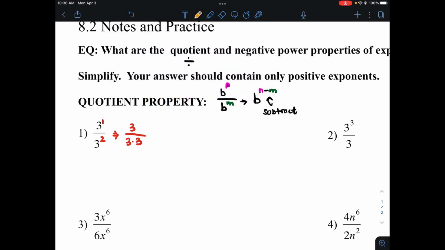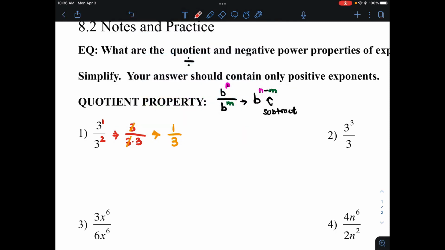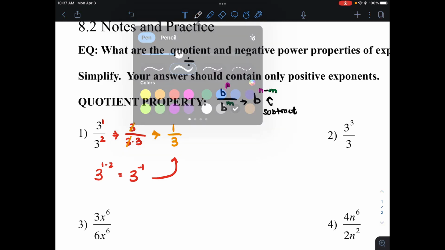One of those 3s cancels, so we end up with 1 over 3, or 1/3. You can also think of it as 3 to the 1 minus 2, which is 3 to the negative 1, which we're going to find is the same thing. Negative exponents, our next property, make a fraction.